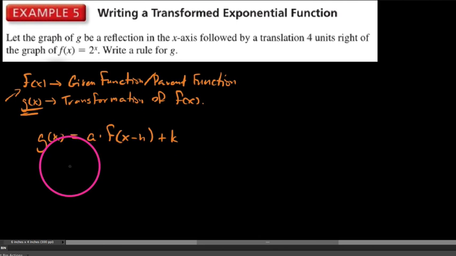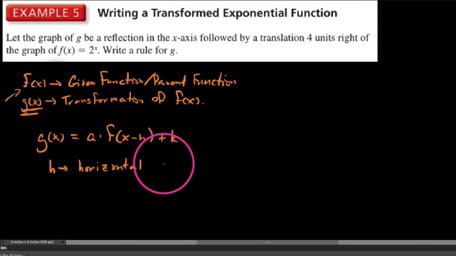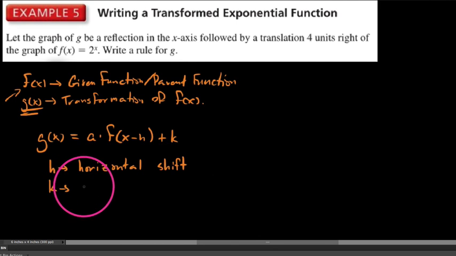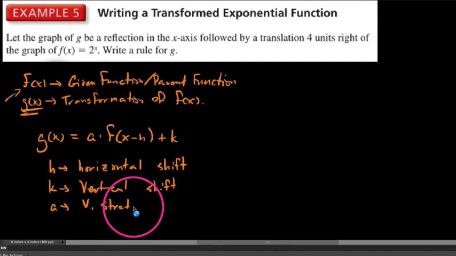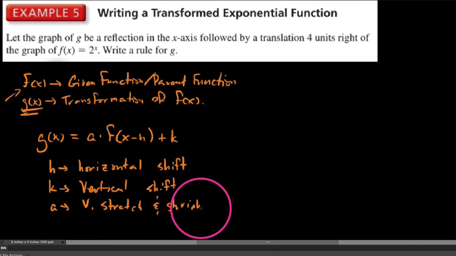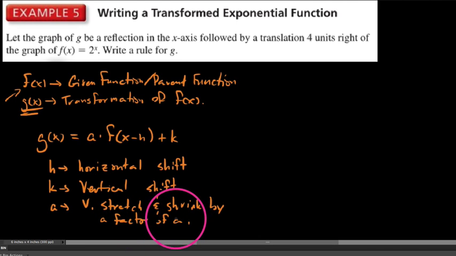And so what we've seen up until now is that our h value here is our horizontal shift, also referred to as a translation. We say that our k value is our vertical shift, and then we see that a is vertical stretch and shrink, and I'm going to be specific here, by a factor of whatever a is.